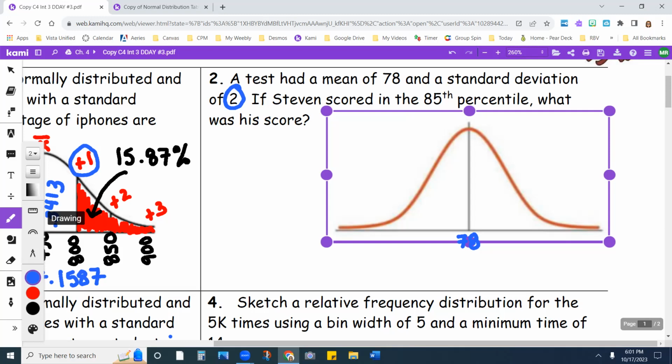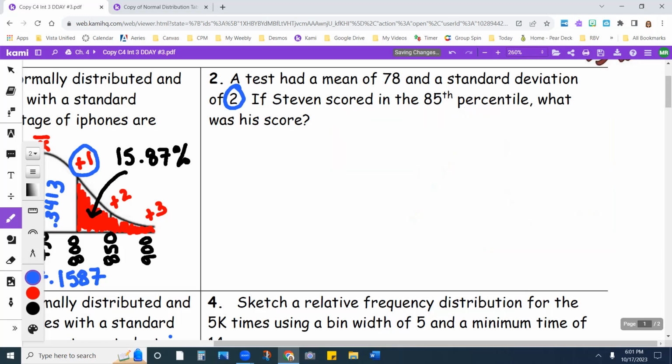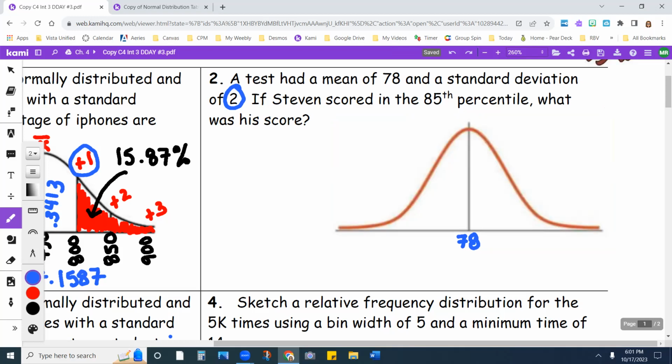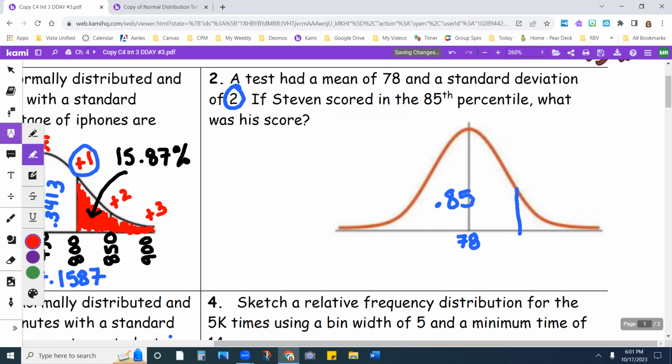So let's say that this is the 85th percentile. We want an area of 0.85. I want this area right here to be 0.85, and I'm trying to find the score.